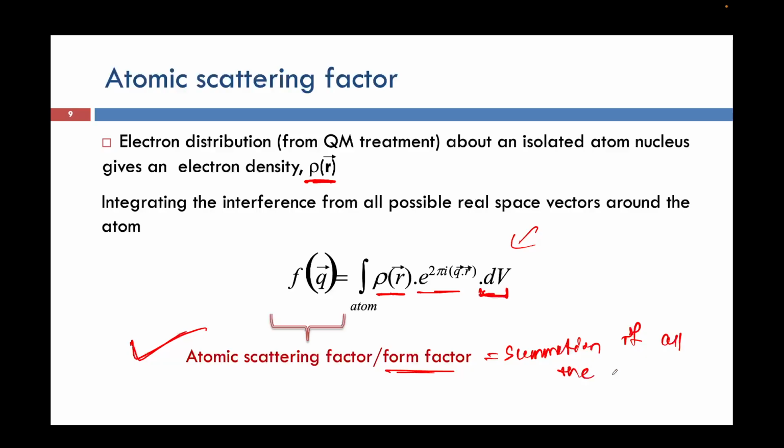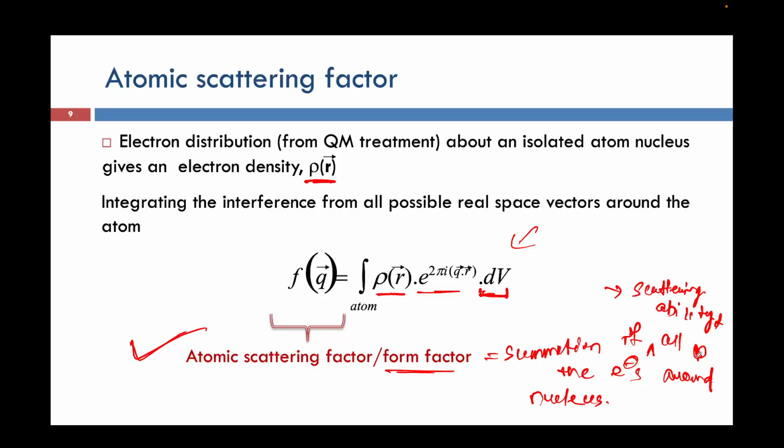So I am reading it again: summation of the scattering ability of all the electrons around the nucleus. This is what is called the atomic scattering factor, right?